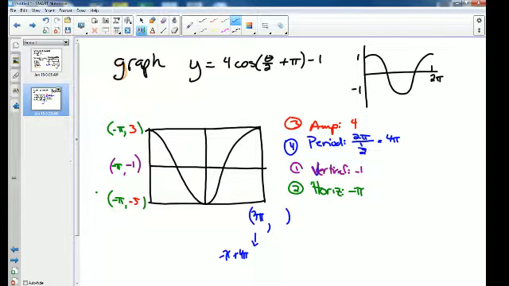So that's how you visualize that. What does that mean that this is? Pi. We still have our amplitudes here of -5. Straight across.